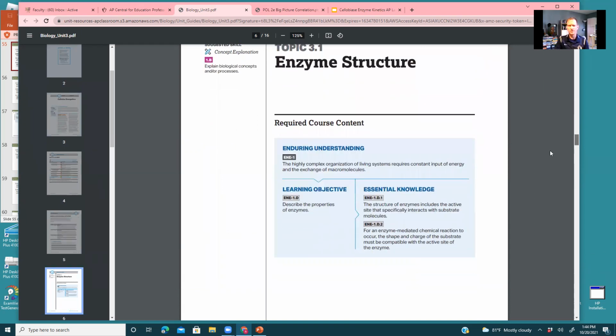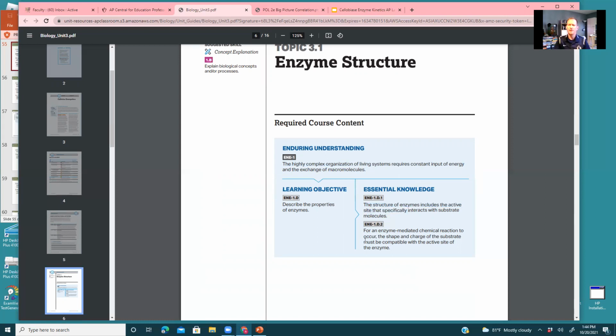Topic 3.1, our enduring understanding, is that living systems require constant inputs of energy and information and the exchange of macromolecules. That's from one of our big ideas. The way we're going to do that is to describe enzyme properties: the structure of enzymes and active sites, where they actually interact with molecule chemistry, and illustrate that.